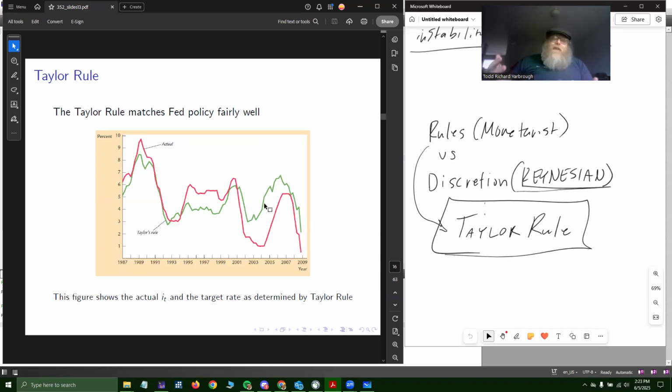I think the answer is because the Taylor rule is a fantastic bit of monetary policy. And if the Fed has followed what has essentially been very close to a Taylor rule, and you look at the behavior of inflation and output and unemployment, it's hard for us to argue that the Taylor rule, or at least the philosophy, which very well seems to be influential, would be bad.